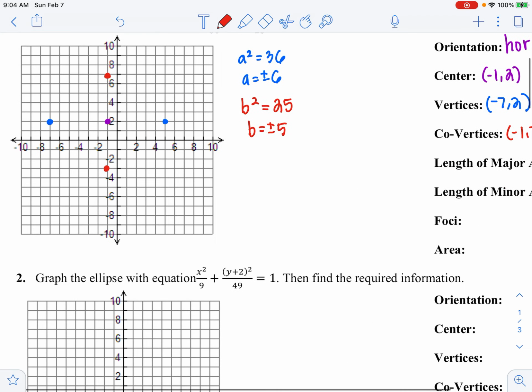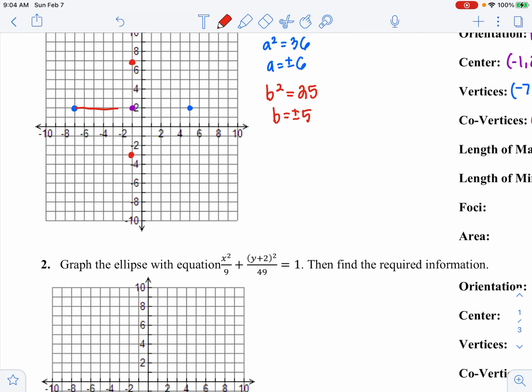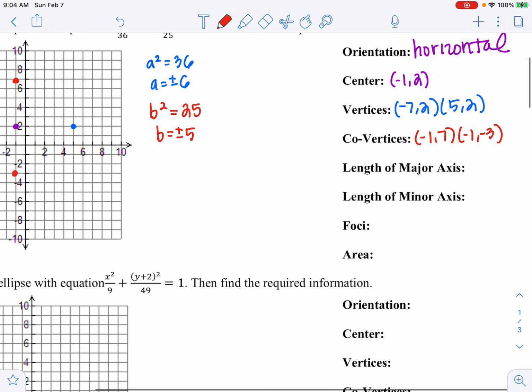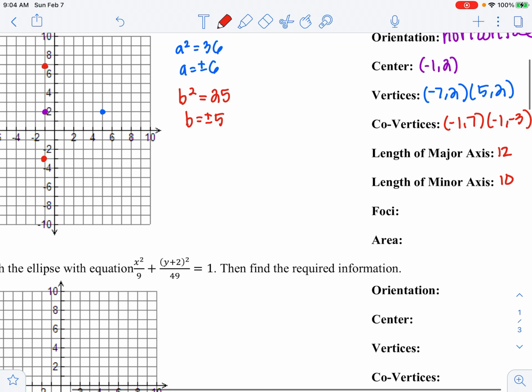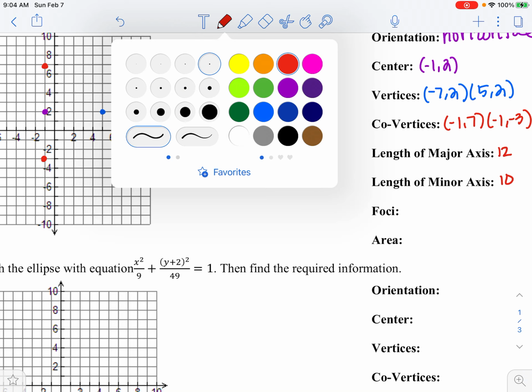Okay, the length of the major axis, that's the length of this longer axis right here. So if you look at it, it's just twice a, which is 12. And then your shorter axis is twice b, which is 10. All right, foci and then area.